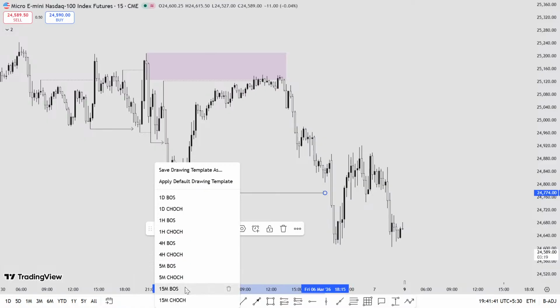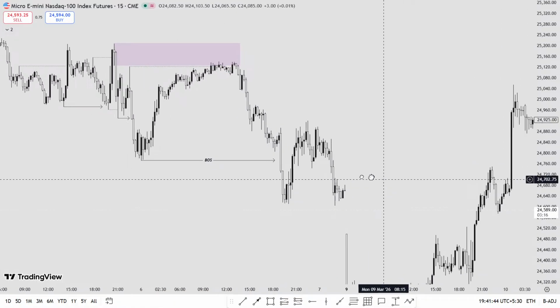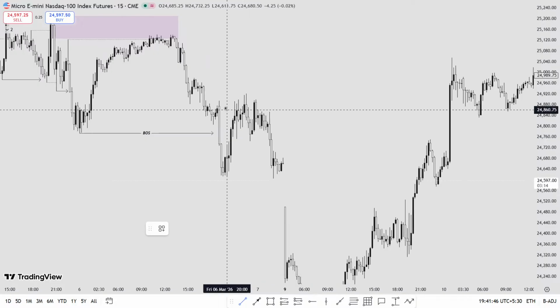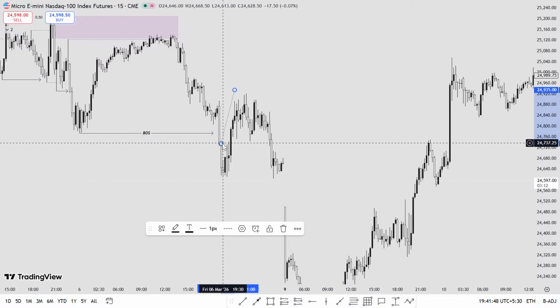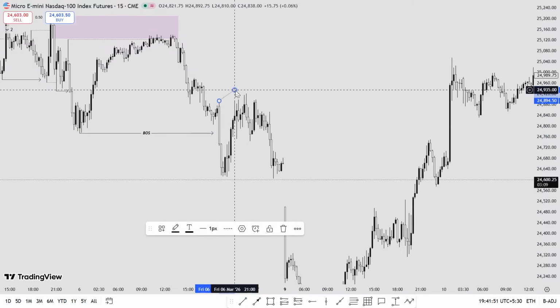So I will tell you how market structure really helps while we are trading. Now once I finish this one, then I will explain you.